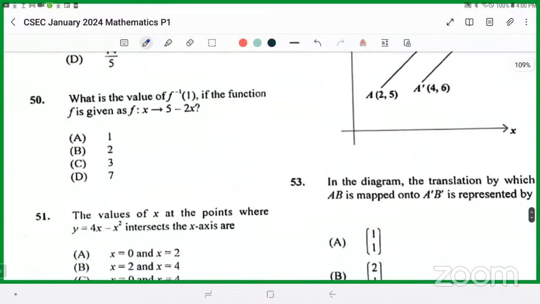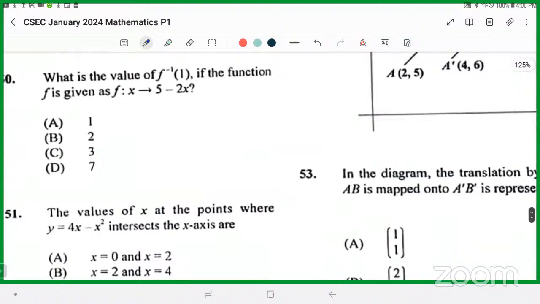This one says, what is the value of f to the minus 1 of 1 if f of x is equal to this? So this is really f of x equals 5 minus 2x. I want to forget the inverse function and do f to the minus 1 of 1. That's not the only way to do it, but this is good enough.